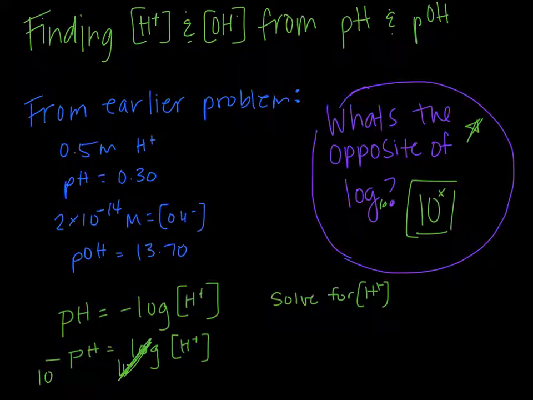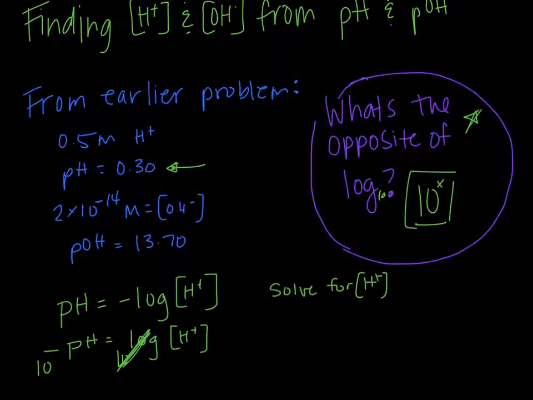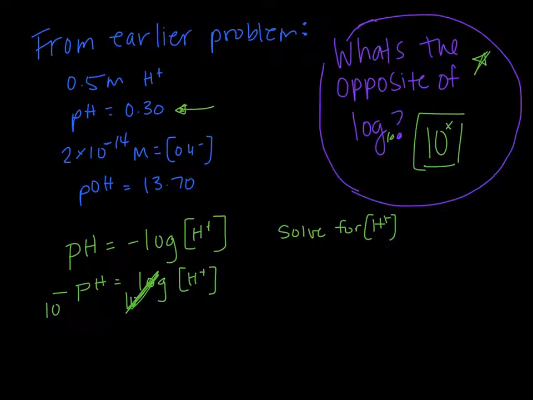So I want to take my pH that I have right here and calculate my hydrogen ion concentration. Now we already know what it is, it's 0.5. We started with that, but I want to prove to you that this is the right equation. So in your calculator, you should press second log, which should give you this, 10, right? And then press negative 0.3 and hit enter. And that should give you 0.5.